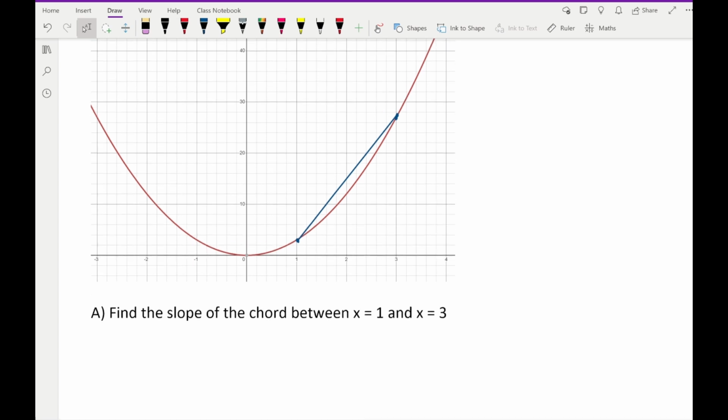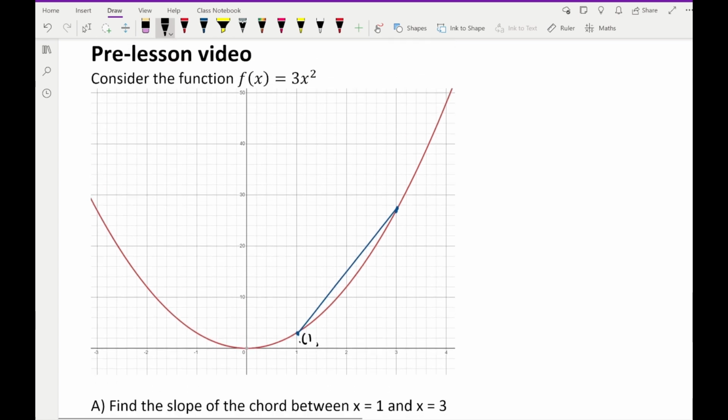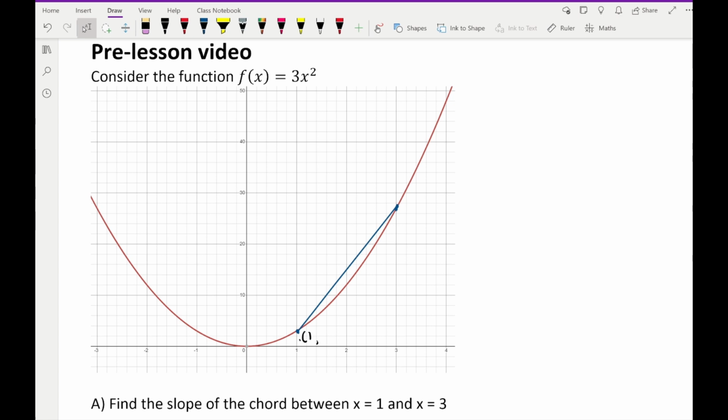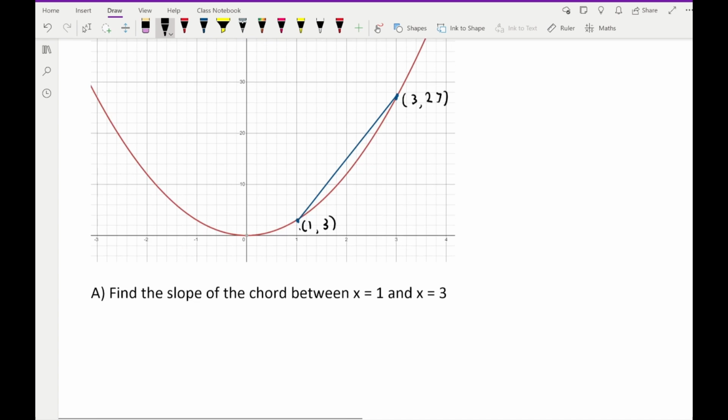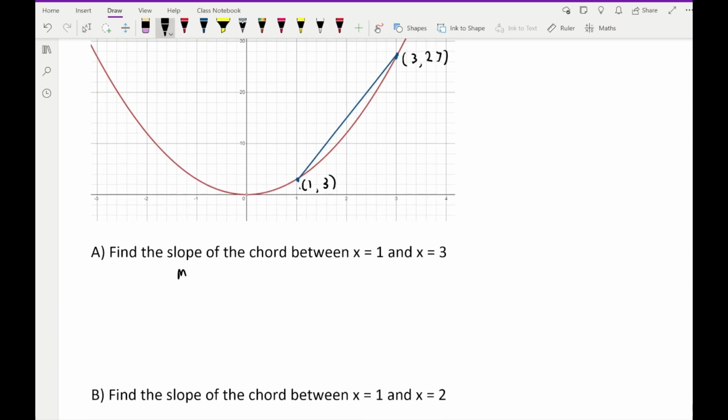This point here, the x coordinate is definitely 1, and if my function is 3x squared, the y coordinate is 3 times 1 squared, so 3. This bit here, x is 3, and 3 times 3 squared will give me 27. Now, the slope is going to be y2 take y1 over x2 take x1, which is the same slope formula from stage 1 methods.